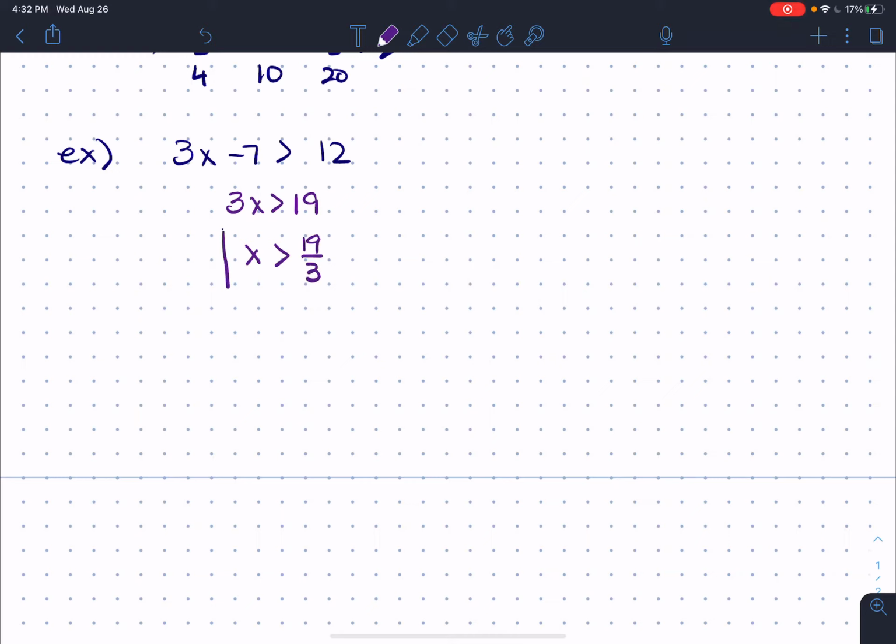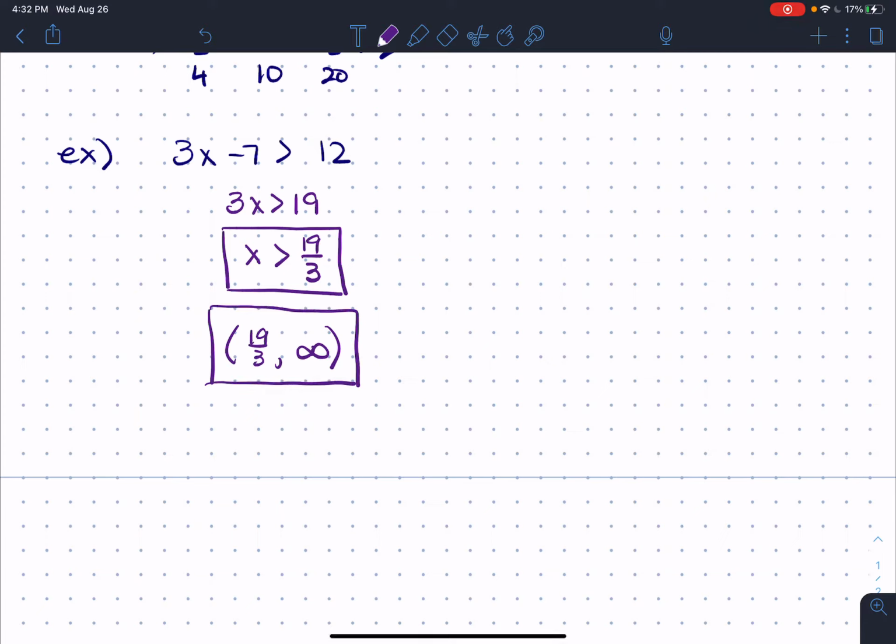And just pay attention to the directions. If the directions don't say to write your answer in interval notation, or they don't say to write it on a number line, you can leave your answer like that. If you want to try this as interval notation, we want to be greater than 19 thirds. So starting at 19 thirds, we head towards infinity. And then that would be the answer right there.